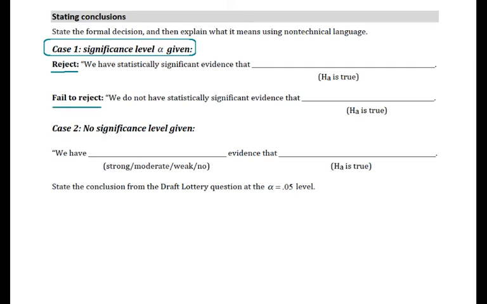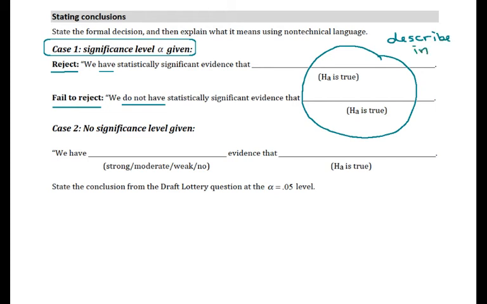We have statistically significant evidence that, or we do not have statistically significant evidence that, and then we would describe in words what our alternative hypothesis is. It often makes sense, if you had a verbal description of your alternative hypothesis to begin with, to just fill it in here. If you have only a symbolic version of it, then you'll have to translate that to words.